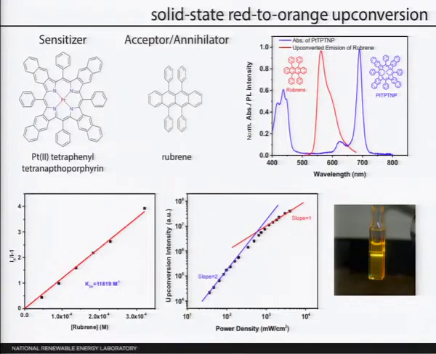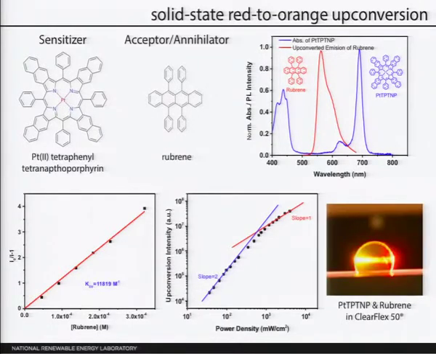They then took a porphyrin with a slightly extended pi system to shift the absorption a little bit further into the infrared and used basically our favorite acceptor molecule, rubrene. And again, they were able to show, in this case, red to orange upconversion, both in solution and again in our Clearflex host polymer.